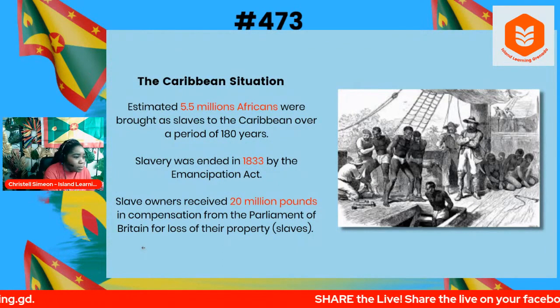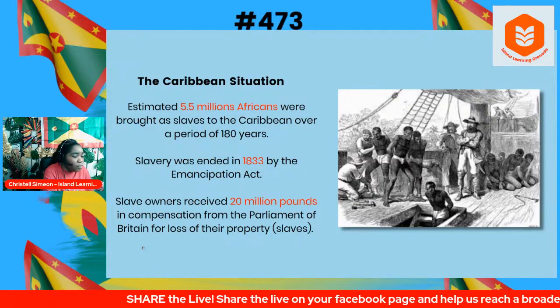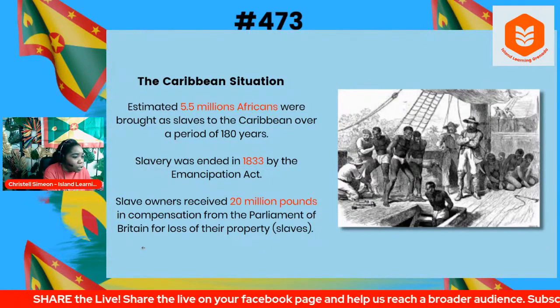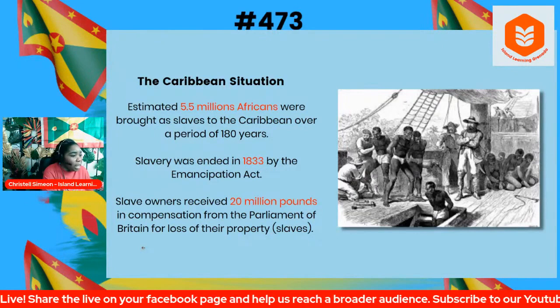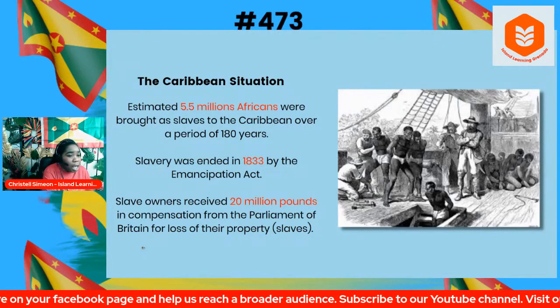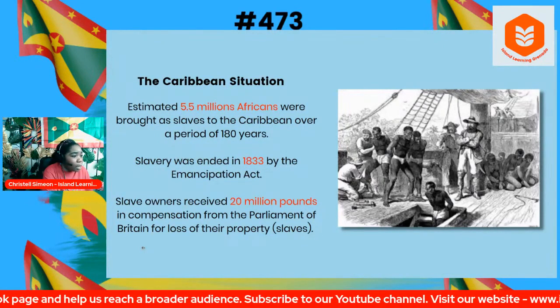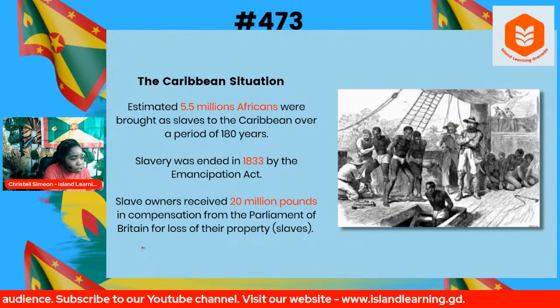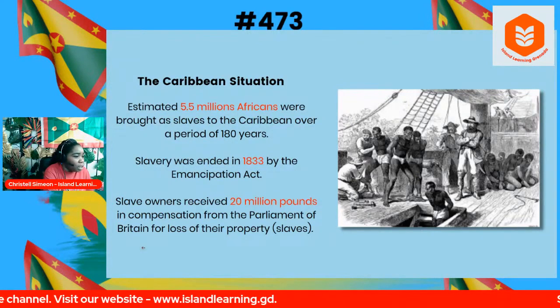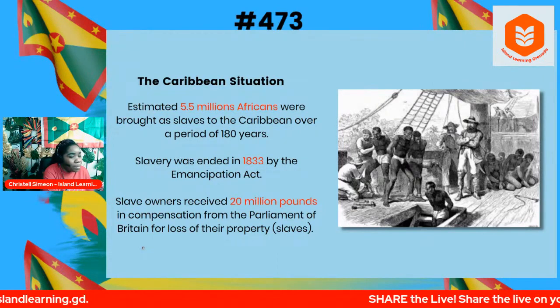So it's a lot. So slavery itself, the act to end slavery, was passed in 1833, and the slaves themselves, freedom came in 1834, 1 year after the act was passed, and then they went through a period of 4 years of apprenticeship, right, which was a mild form of keeping them enslaved.